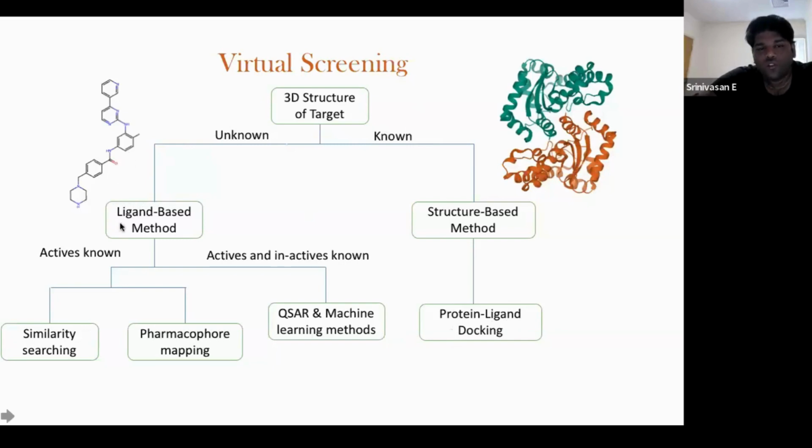Then you tend to use similarity search in order to find how many similar compounds you get, or you can use pharmacophore mapping in order to find which particular chemical moiety you can change that could increase the binding affinity with the target. And then you have QSAR or machine learning models to predict whether the set of compounds that are being obtained from the library are similarly active or inactive in nature.